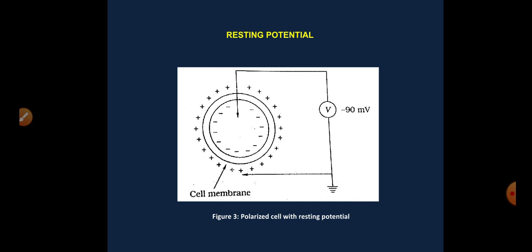Due to the inability of sodium ions to penetrate the membrane, two conditions result. First, the sodium ions, which are positive ions inside the cell, become much lower in concentration than in the intercellular fluid outside. So sodium ions are positive, which tends to make the outside of the cell positive relative to the inside.